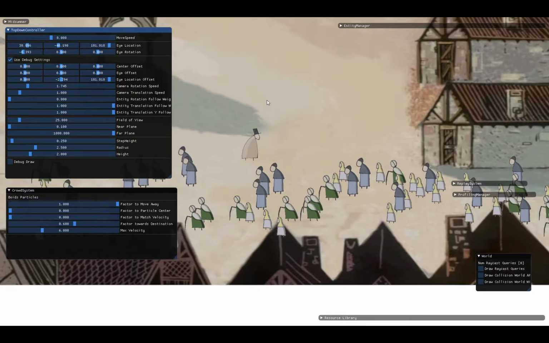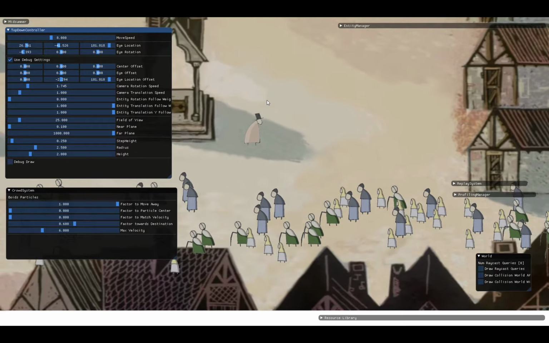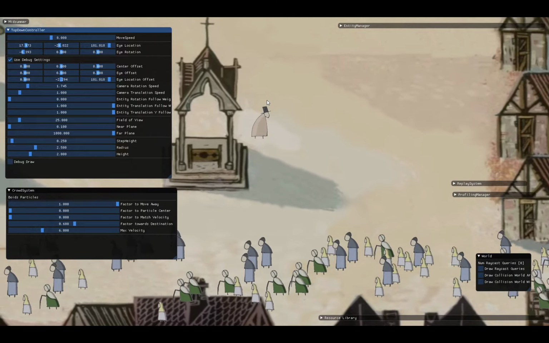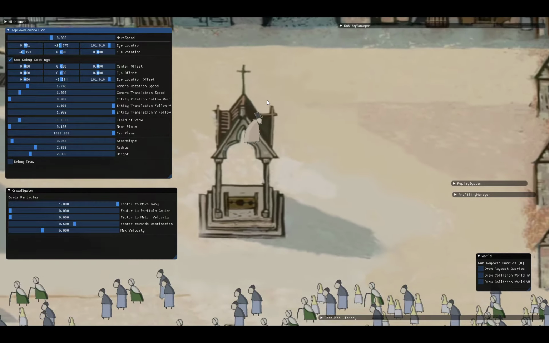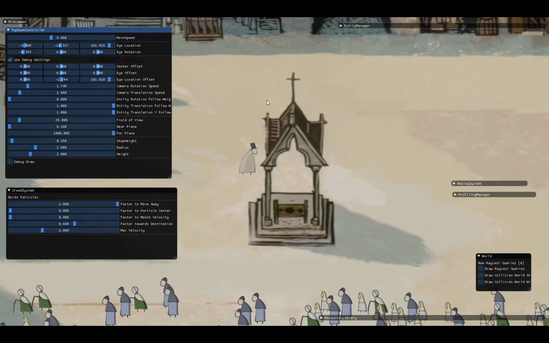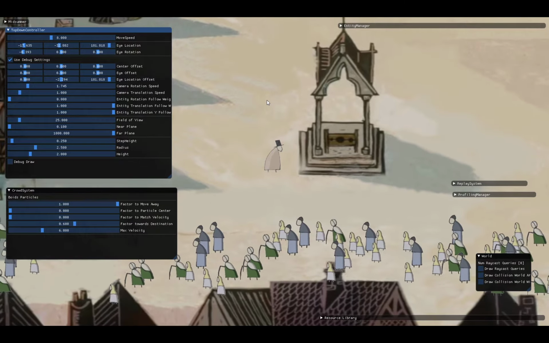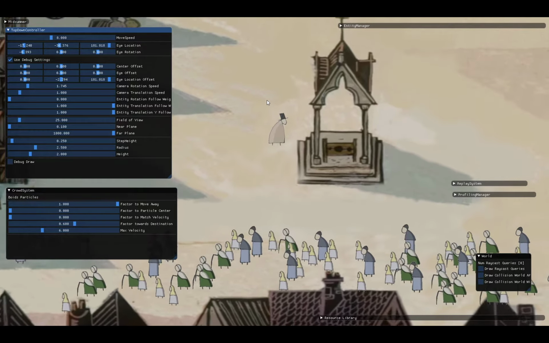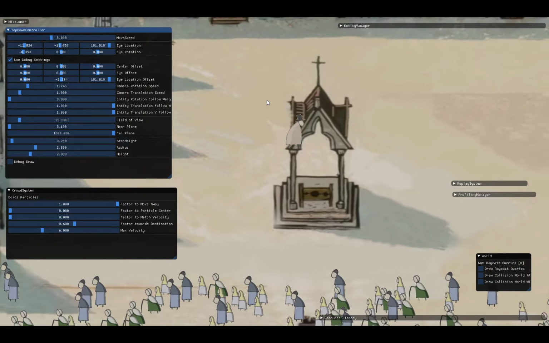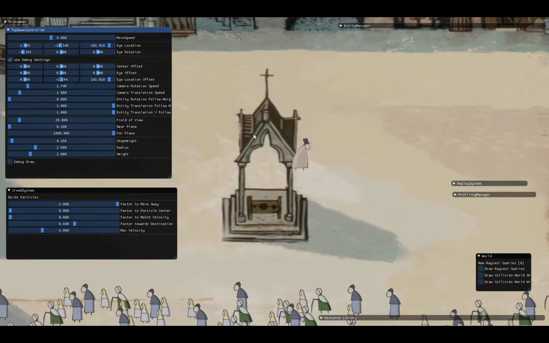There's a similar thing that happens in the middle of this square. This stockade, or I don't know exactly what it's called, it's probably a stockade. I'm going to be able to go behind this and see the character in between here.